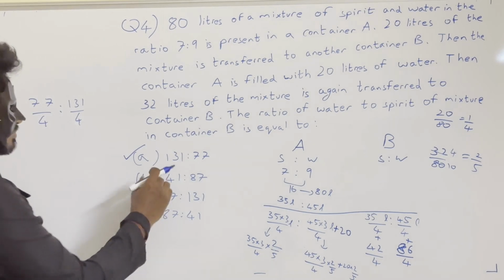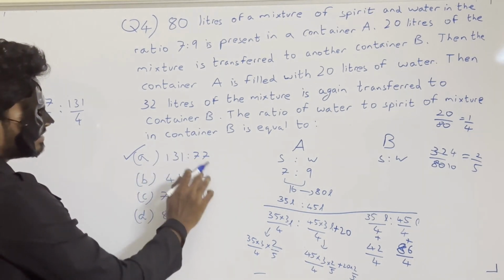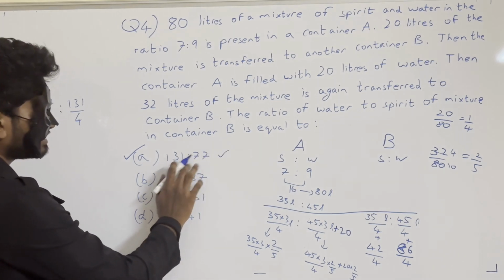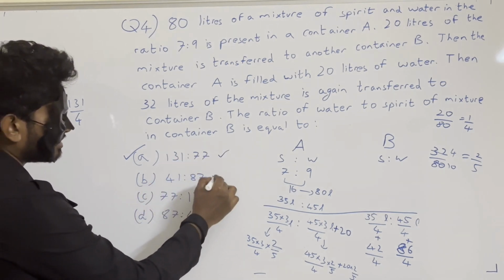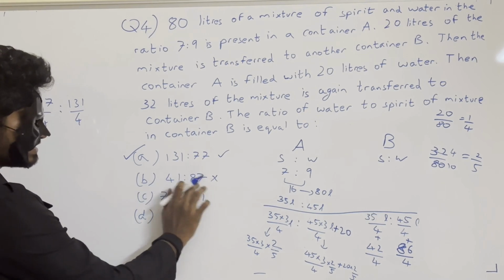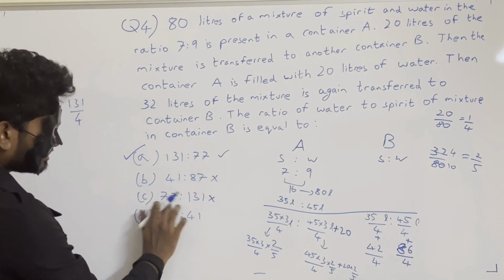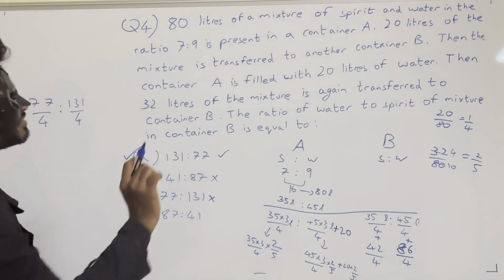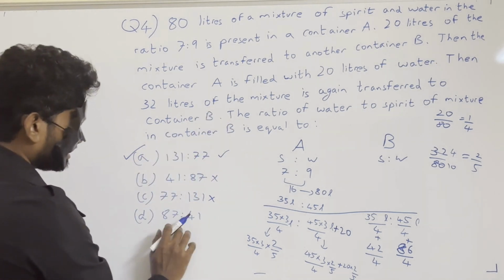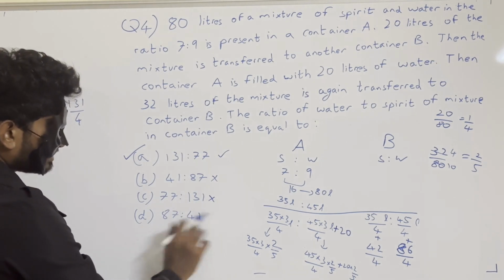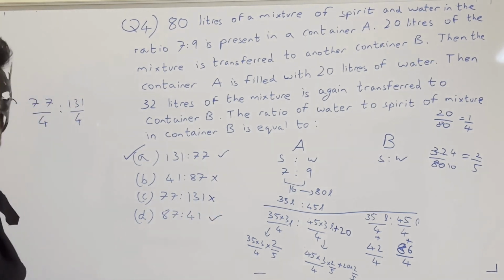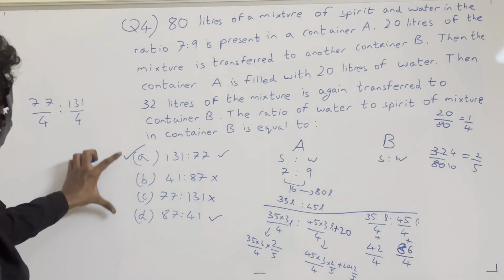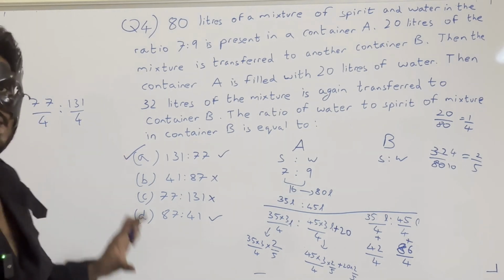So this part will obviously be greater than this part. So there is a possibility that this can be the answer, but this is not possible, because this is less than this. This also is not possible because this is less than this, because the water ratio should be more, right? And here 87, yeah, this is possible because 87 is more than 41. So only options possible are A and D.